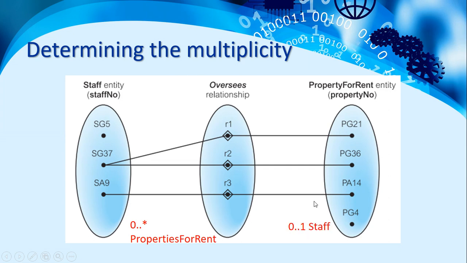So therefore, for members of staff that are participating in this relationship, ito silang lahat, these members of staff that are participating in this relationship, there are many properties for rent, di ba?